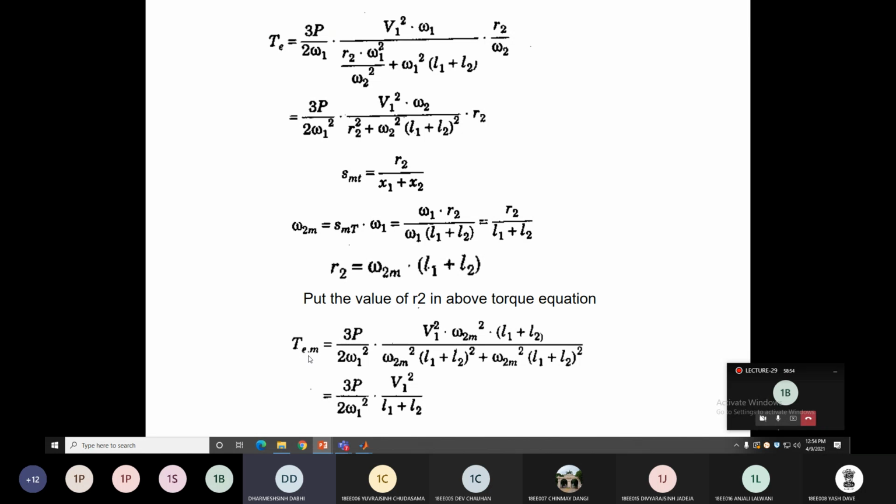So the final equation of maximum torque is directly proportional to the square of the voltage and inversely proportional to the stator supply frequency. Omega 1 is the speed in radians per second, and that depends upon the supply frequency. So as you change the supply frequency, that will change the maximum torque of the induction motor.